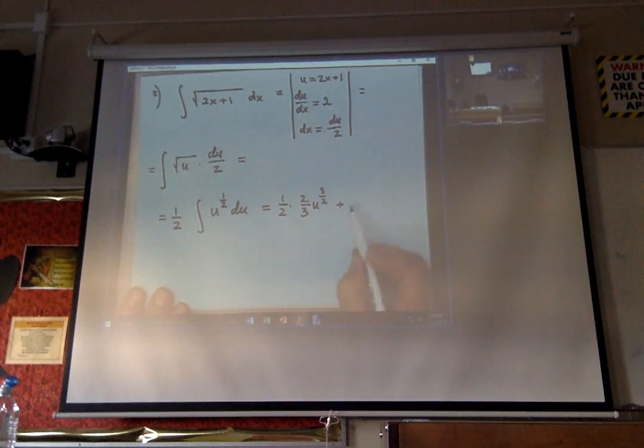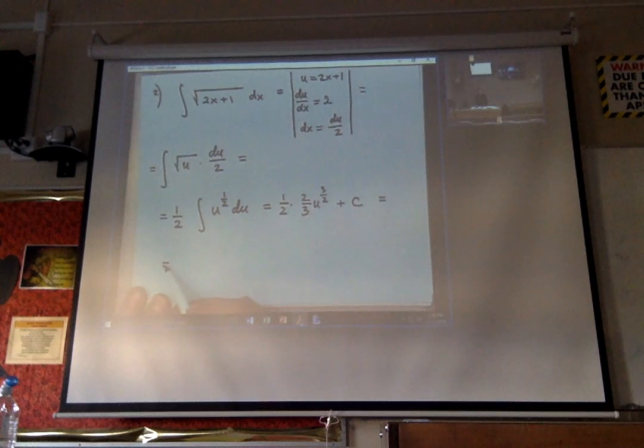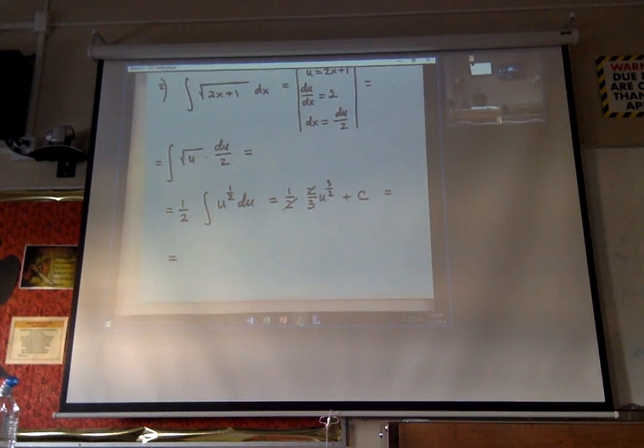Plus c. And you can see that you can reduce these two. But also now you have to go back. So I don't know if I should write this like 1 over 3 u to the 3/2 plus c, but I did it. Now we have to go back.